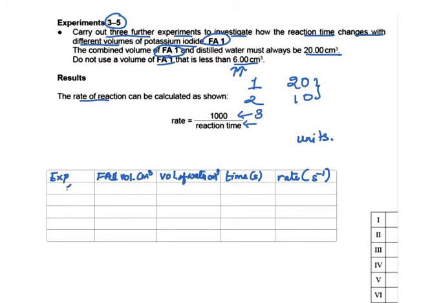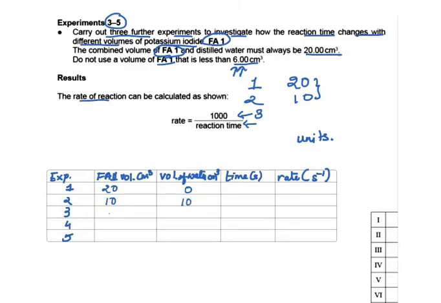Now for the experiment 1, 2, 3, 4 and 5, let's start writing the readings. So the volume of Fa1 in experiment 1 was 20 centimeter cube. Now I don't need to write centimeter cube beside here because it's already labeled in the heading. So 20 centimeter cube, and volume of water was 0 here. Next experiment was 10 and the volume of water also 10.